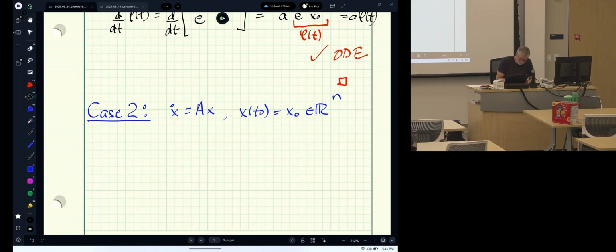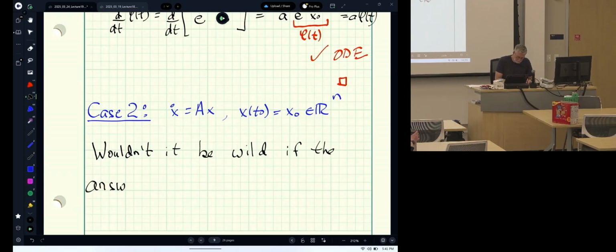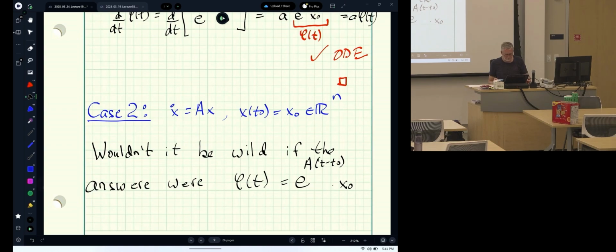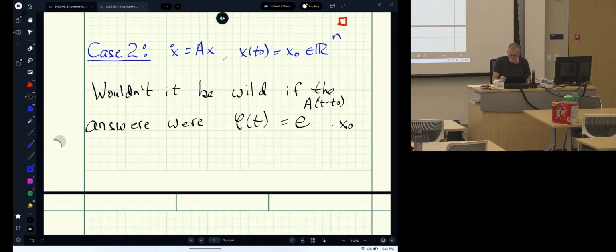The only thing I'm going to say is, wouldn't it be wild if the answer were e raised to the matrix A times (t minus t0) times the initial condition?